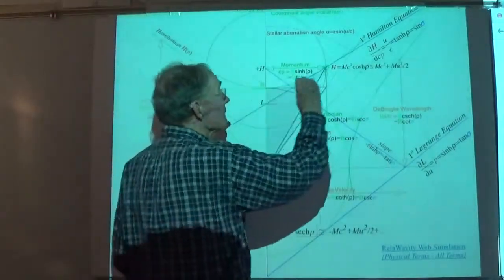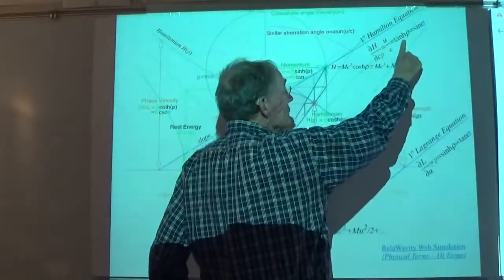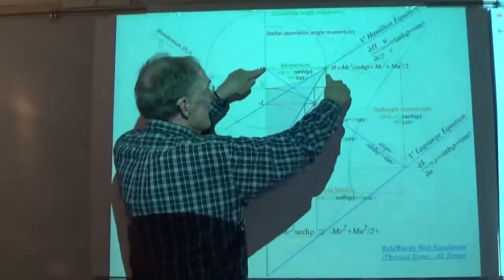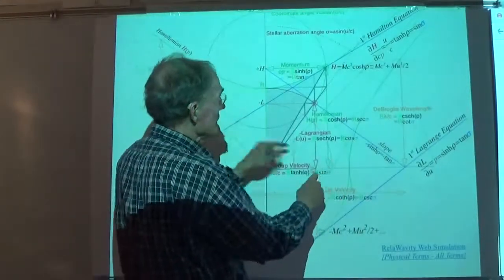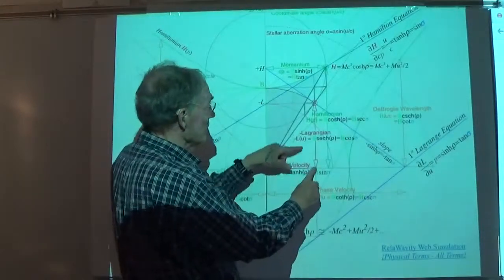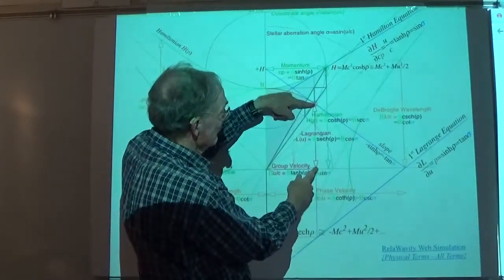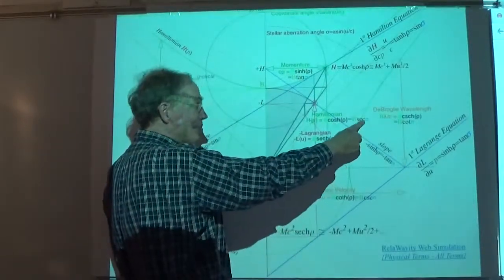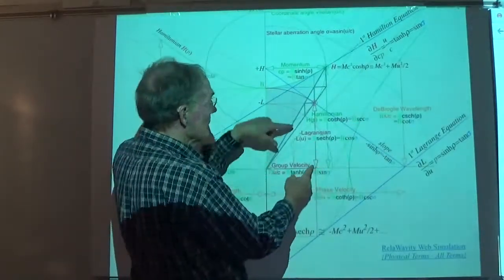Here's the Hamiltonian. The derivative of the Hamiltonian with respect to momentum, remember, it has to be a function of momentum, the Hamiltonian, okay? Whereas the Lagrangian, which is down here, this thing right here, there's the Hamiltonian right there. It's the cosh or a secant, depending on whether you want to use angles or not.